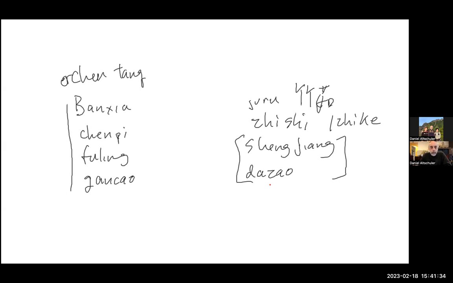So the Bancha is able to scorch the dampness and transform phlegm, calm the stomach, stop the nausea. Right. Bancha is a main herb for that. Champi also moves qi, transforms phlegm. Footing moves out dampness, strengthens the spleen.